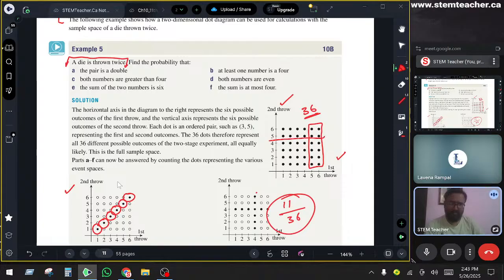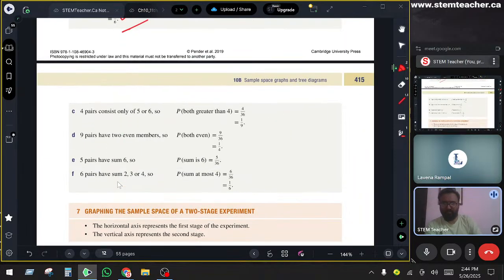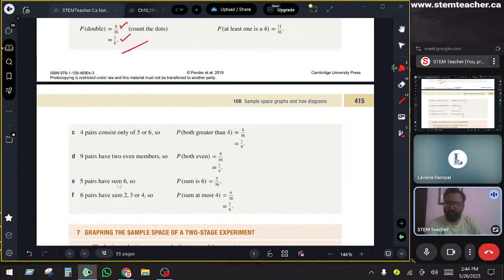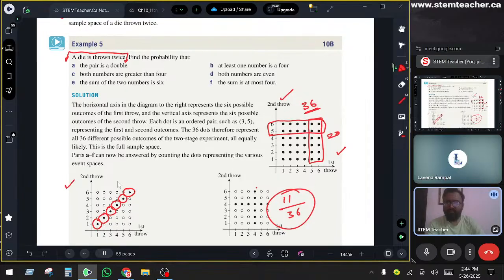Both numbers are either 5 or 6. What about the total? 4 points. Therefore your required answer will be 4 by 36. Both greater than 4, why is it 4? Because the pair consists only of 5 or 6. What is the C part?